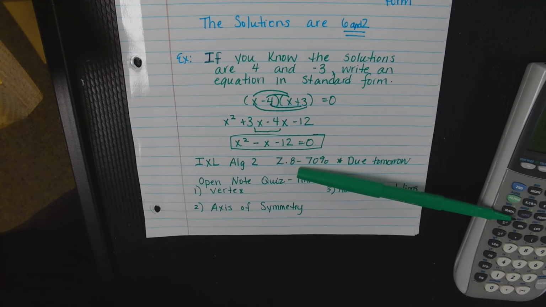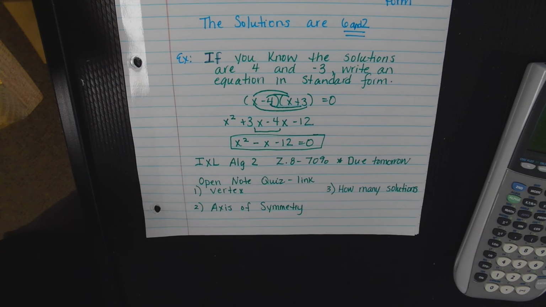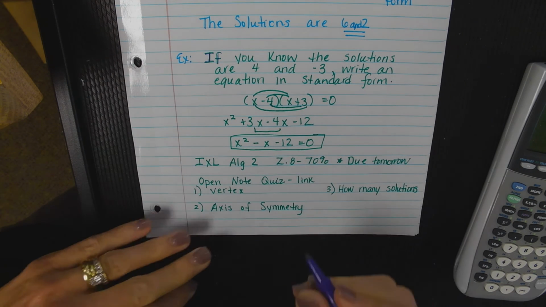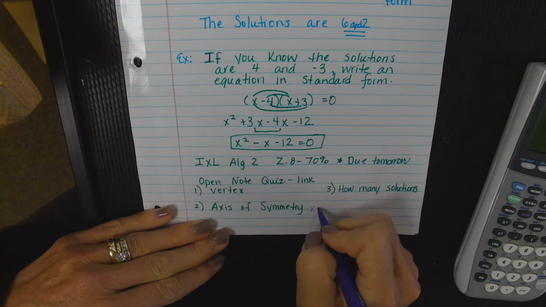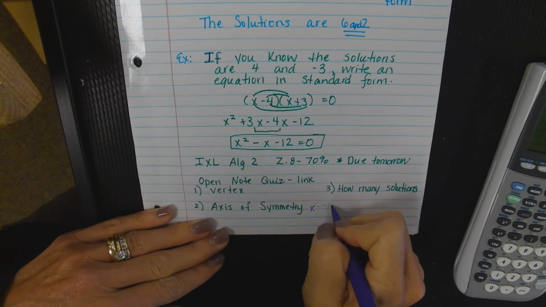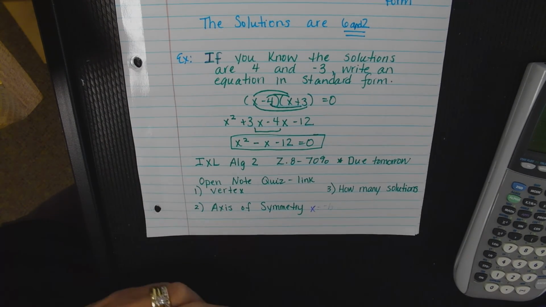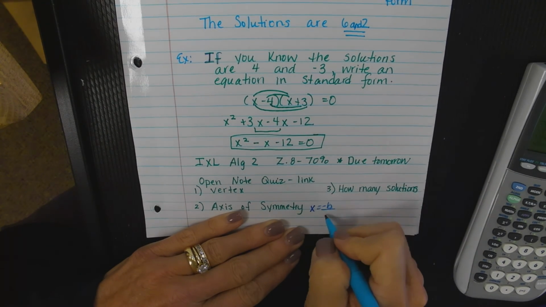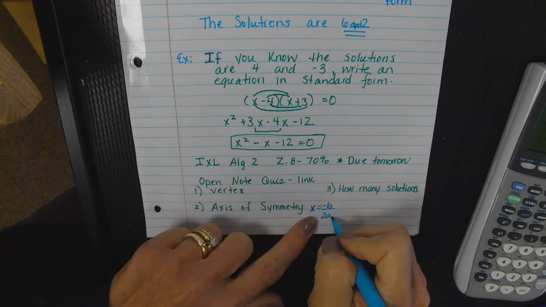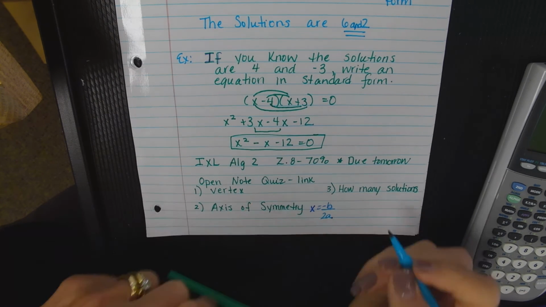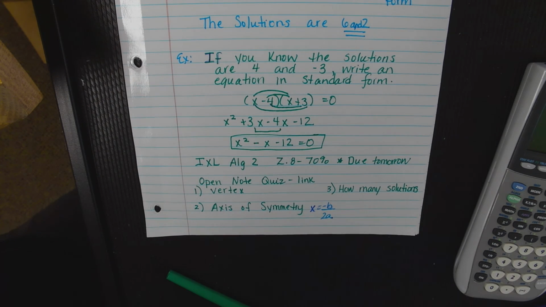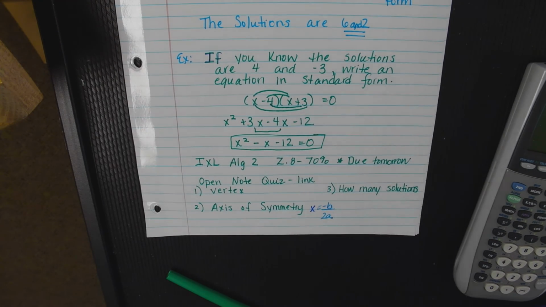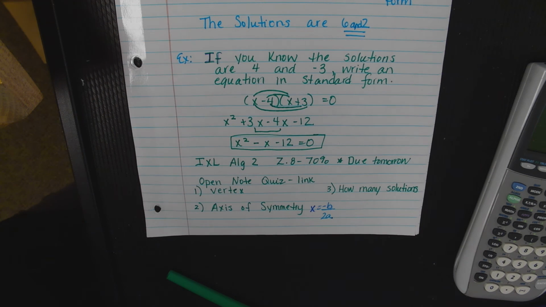Remember vertex. Axis of symmetry is x equals negative b over 2a. Here's the x part of the vertex, and you just plug it back in. I'm going to make it easy. 10 questions probably, and open notes, all the above. And you'll get a link.